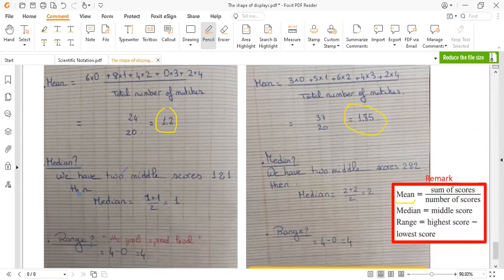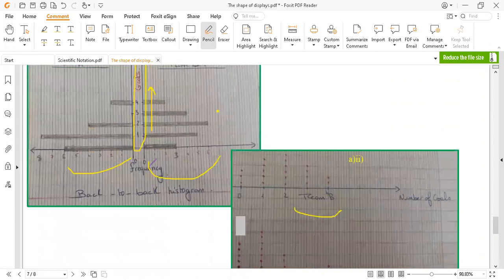What about the median? Normally we can cancel from both sides.